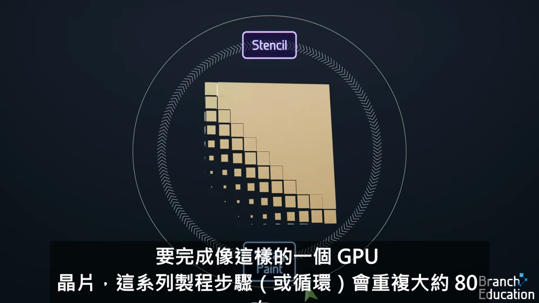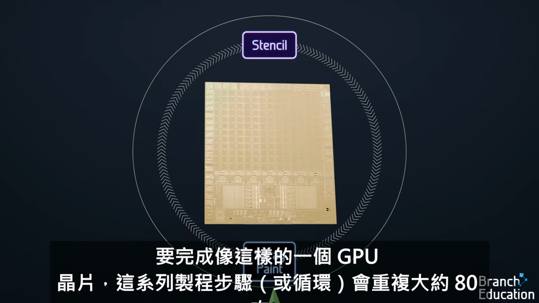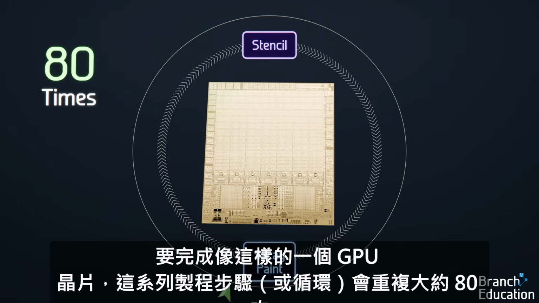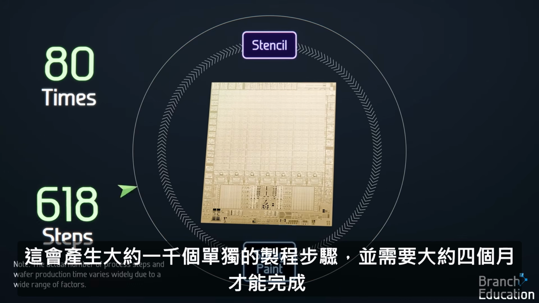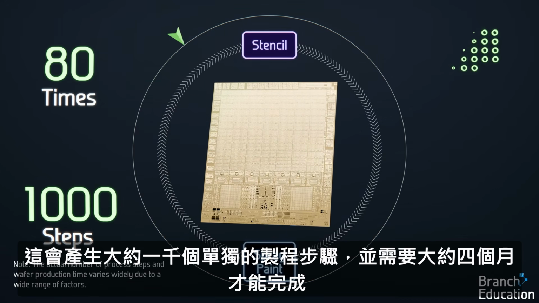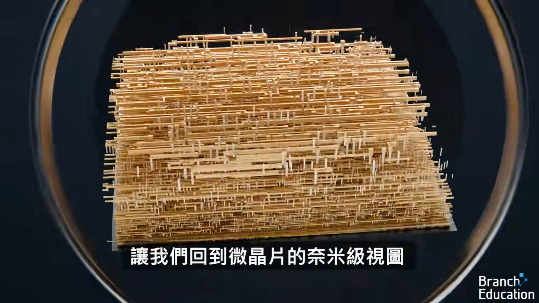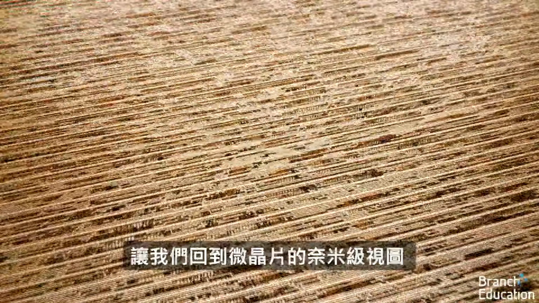To complete a GPU chip like this one, the series of process steps, or loops, is repeated around 80 times, resulting in around 1,000 individual process steps and taking 4 or so months to complete. Let's go back to the nanoscopic view of the microchip.